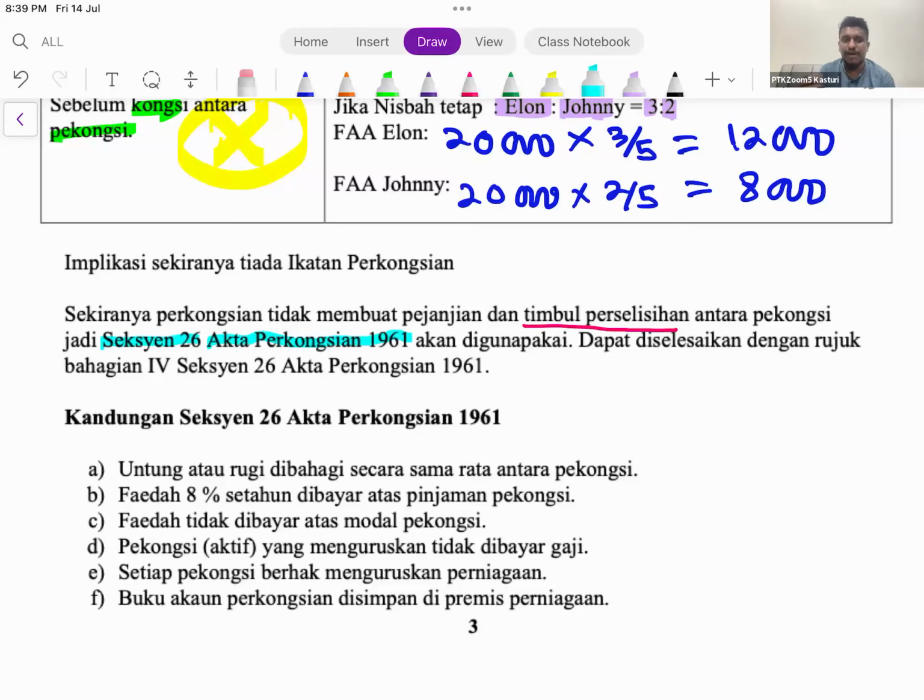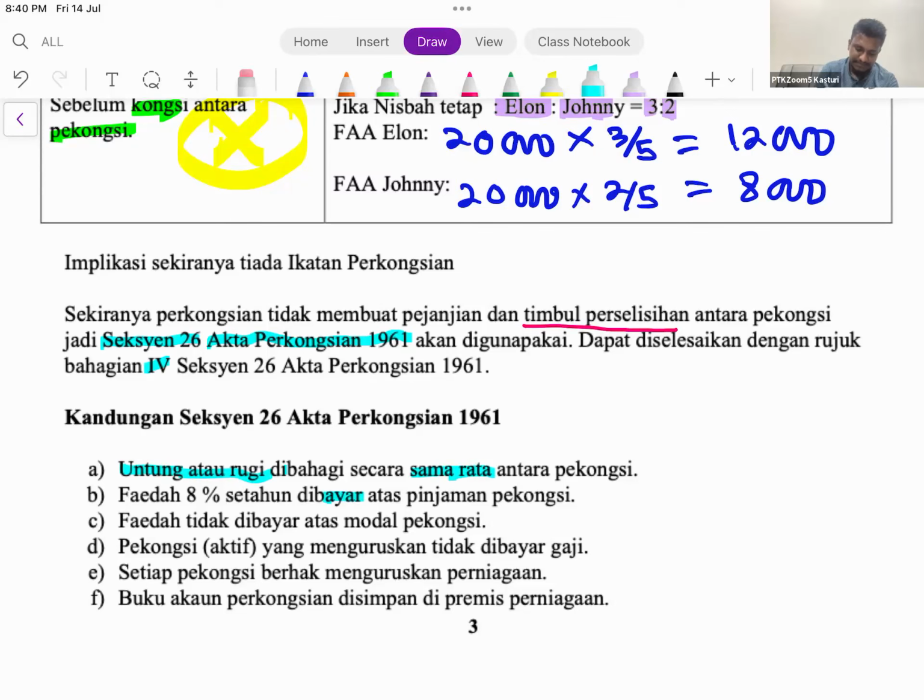Section bermaksud bab lah. Bab 26 dalam Akta Perkongsian 1961, dapat diselesaikan dengan rujuk Jadual nombor 4. Mengikut akta ini, dalam Section 26 ini, untung atau rugi dibahagi sama rata.